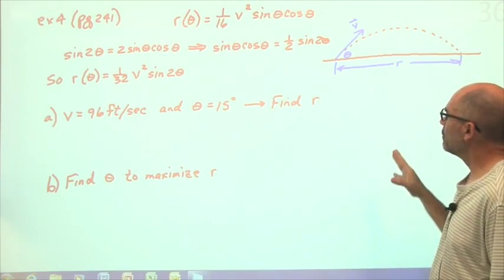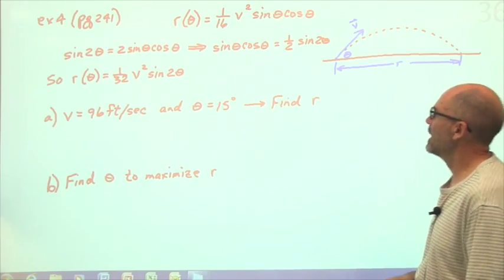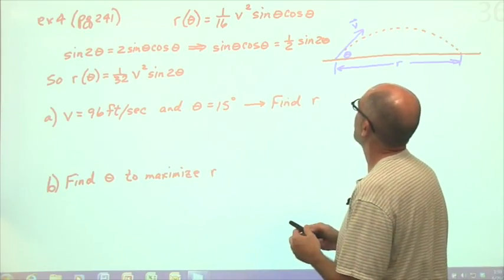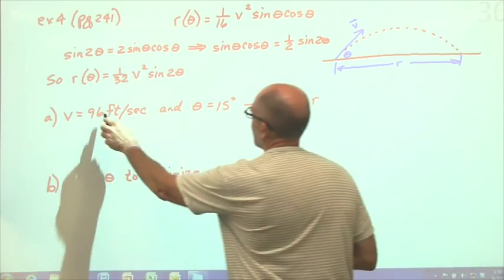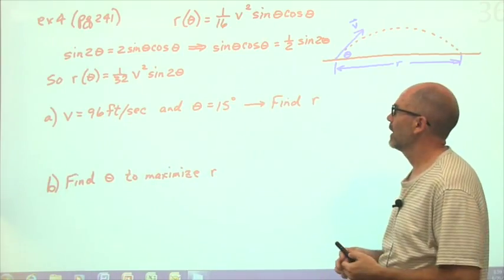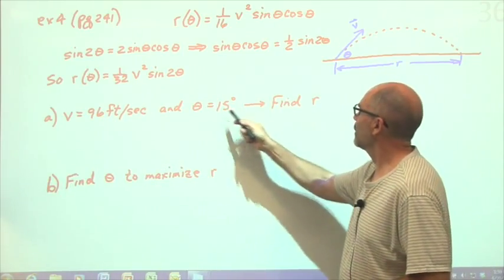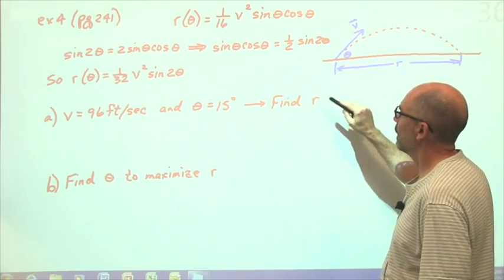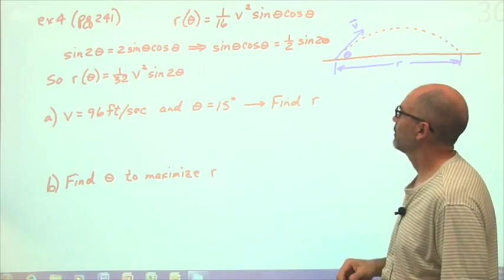So what we want to do is we take our initial velocity, 96 feet per second, and the initial angle is going to be 15 degrees, and we want to find out how far that projectile is going to travel.